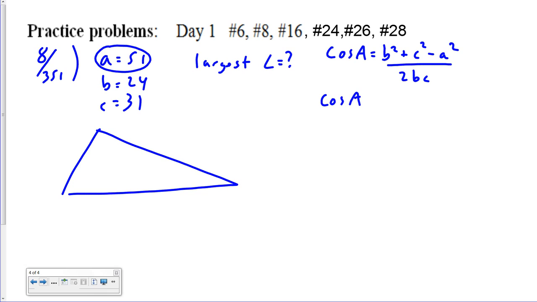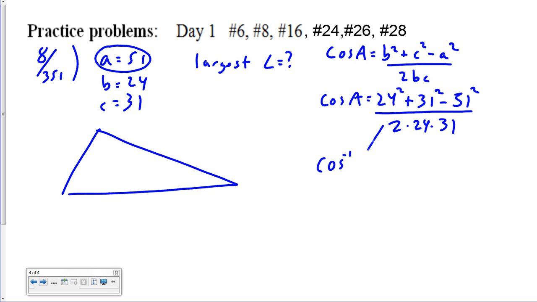By just substituting in, you end up with this, and ultimately you want to actually solve for your angle A. So remember, you want to find the inverse of whatever that thing is, and that actually doesn't give you the reference angle, but it will give you your angle A, simply because it's finding the inverse of cosine, and it's defined in the first and second quadrant.